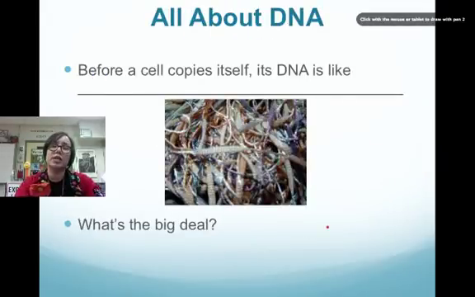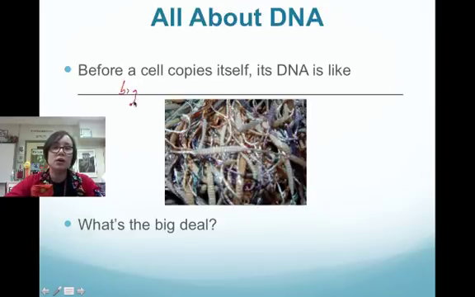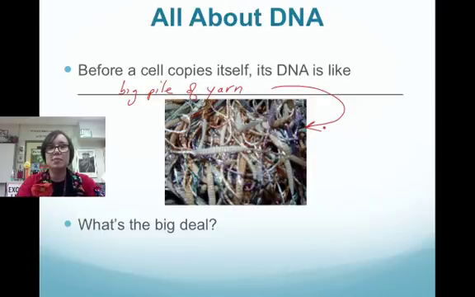So here's some new information. Before a cell copies itself, you need to know what the DNA looks like. And we talked about it before. We said the DNA is like a big pile of yarn. So basically it looks like this. Now the problem with this is that if the cell needs to divide, it has to be able to precisely or exactly separate the DNA so we know exactly how much DNA is going to one cell and how much is going to the other.